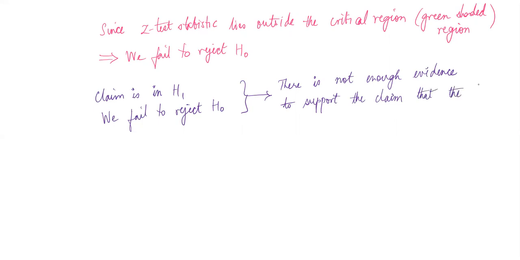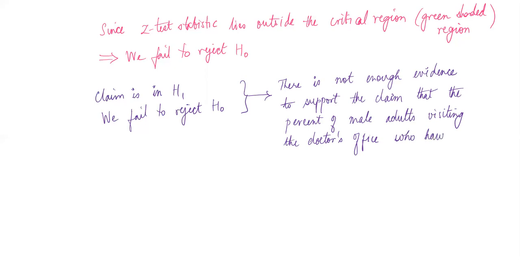Then pull the question statement: the percent of male adults visiting the doctor's office who have a 23.1 BMI is less than 42%.